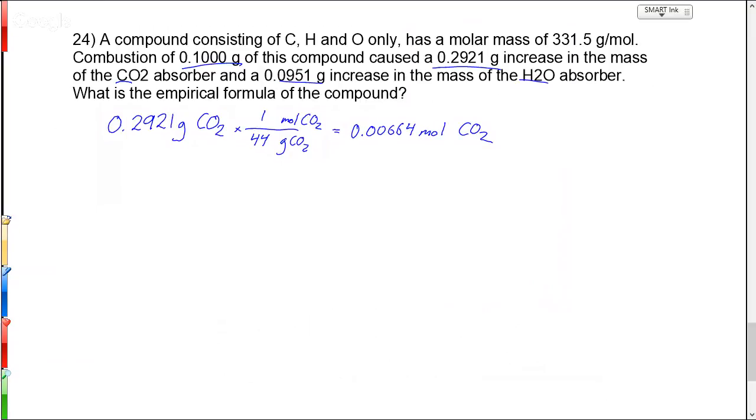So that's how many moles of CO2 we have. And since CO2 is 1 mole of carbon per mole of CO2, we can also say that's the same number for our moles of just carbon. Okay, next, we're going to do the water.